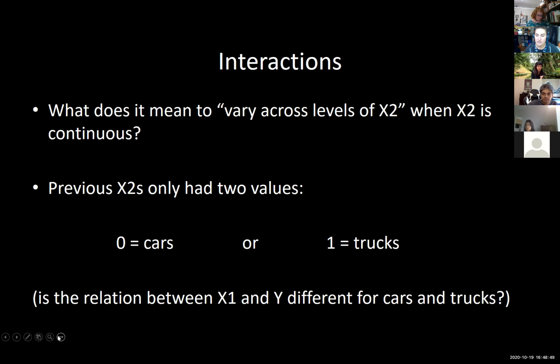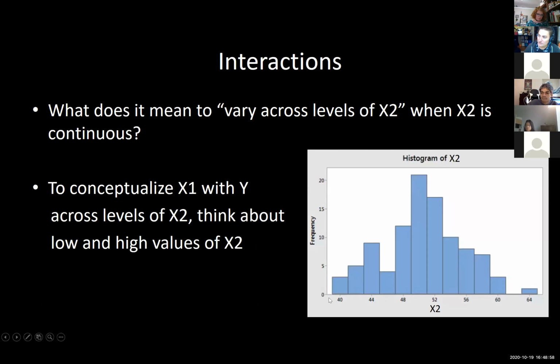And so we were able to ask, is the relation between x1 and y different for cars and trucks? So now, if we have a continuous variable, this x2, which ranges from 40 to 64, what it means to vary across levels of x2 is you just think about low and high values of x2. And we'll drill down and get more specific, but it might be easiest to think about when you're low on x2 versus high on x2.